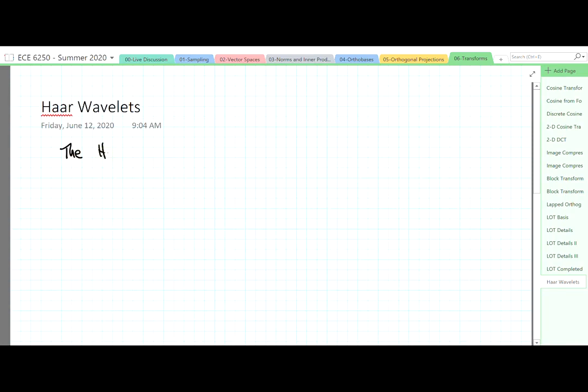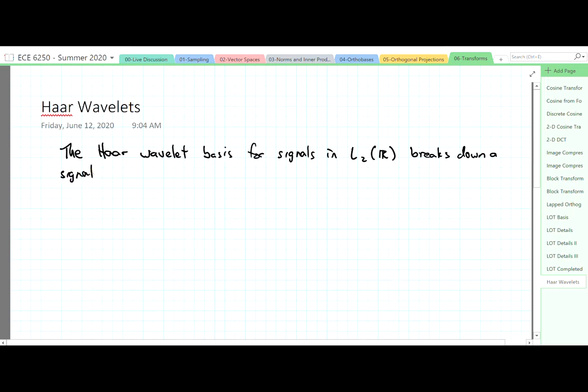So the Haar wavelet is, I guess, the simplest one. It's for signals in L2 over the whole real line, and it breaks down a signal by looking at the difference between piecewise constant approximations at different scales.